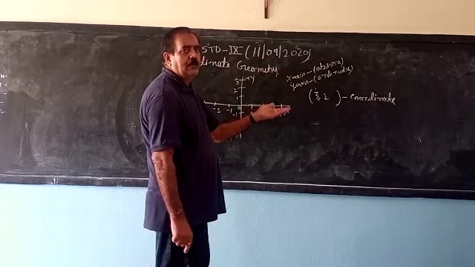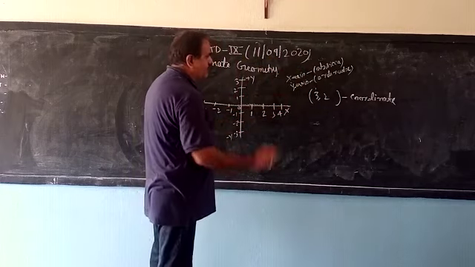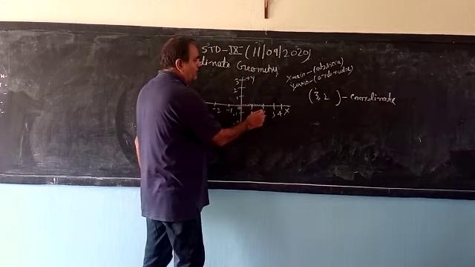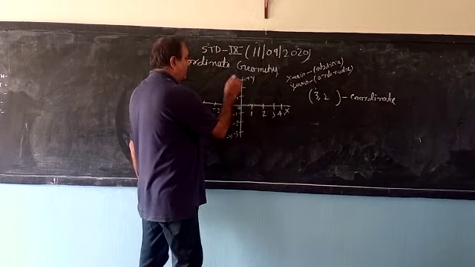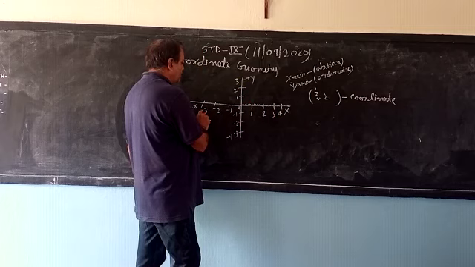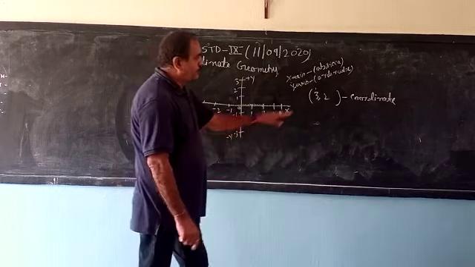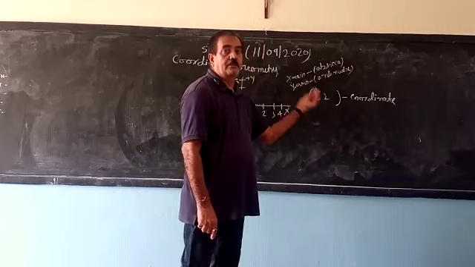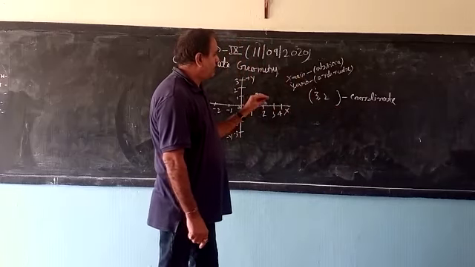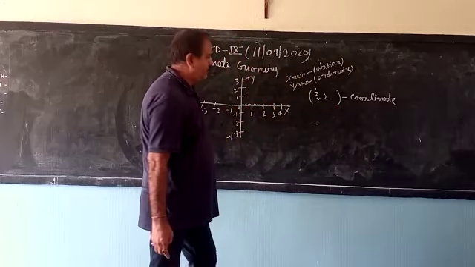When a different question comes, I will explain how to mark. For this simple question, write 1, 2, 3, 4 and minus 1, minus 2, minus 3 on both axes. Now we have to locate the coordinate (3, 2) on the graph paper.